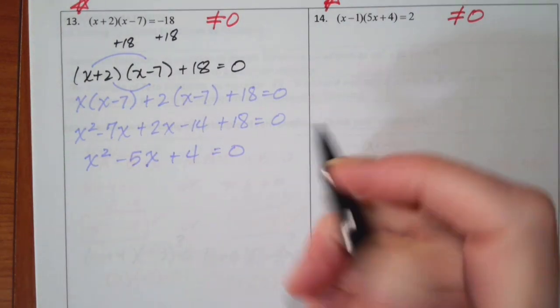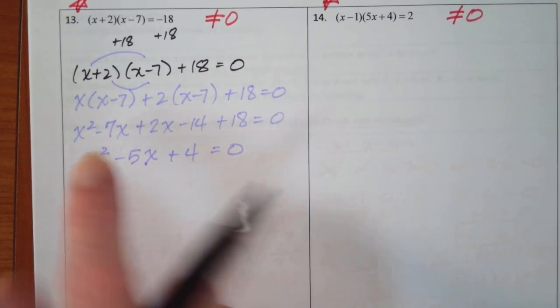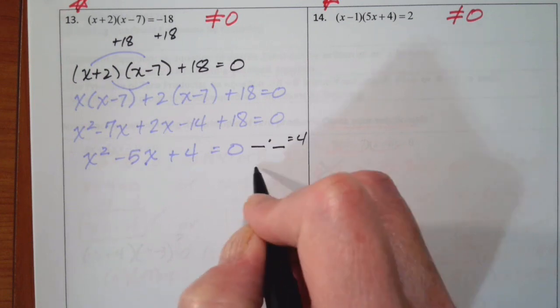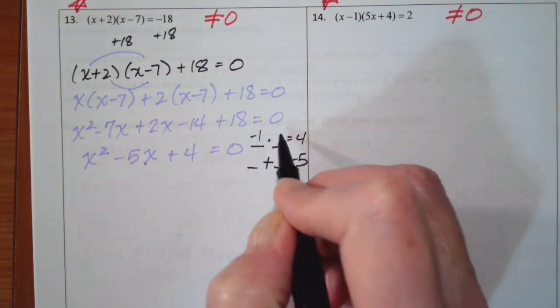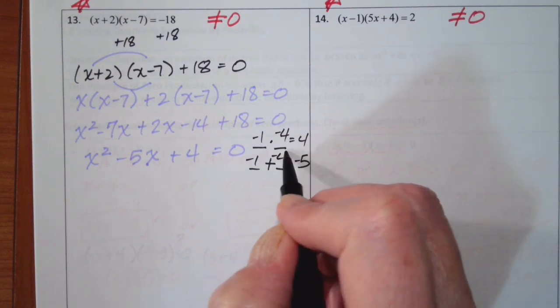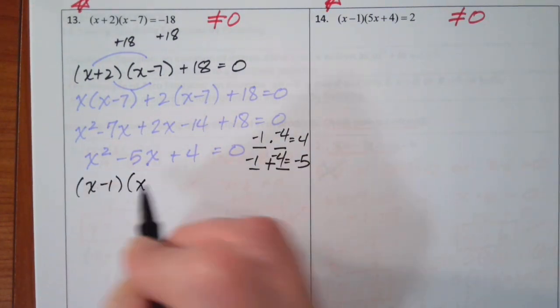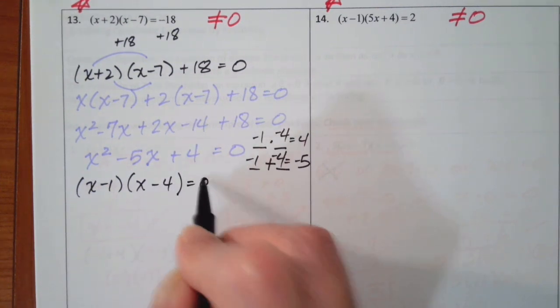Okay, so now I need to get this back into factored form. 3 terms, leading coefficient is 1. So I'm going to look for 2 numbers multiplied together equal 4, added together equal negative 5. They are negative 1 and negative 4. So this factors into x minus 1 times x minus 4 is equal to 0.